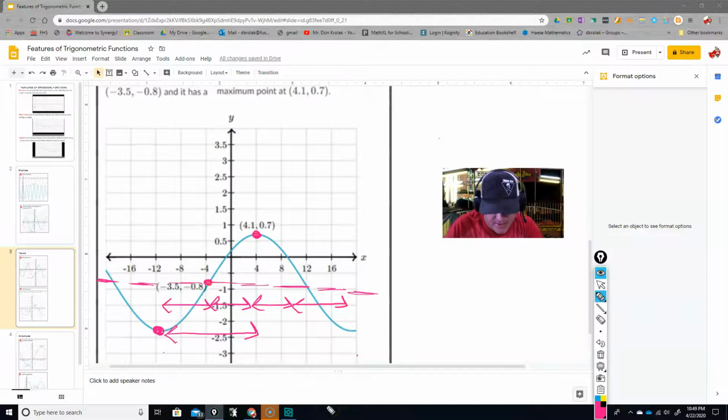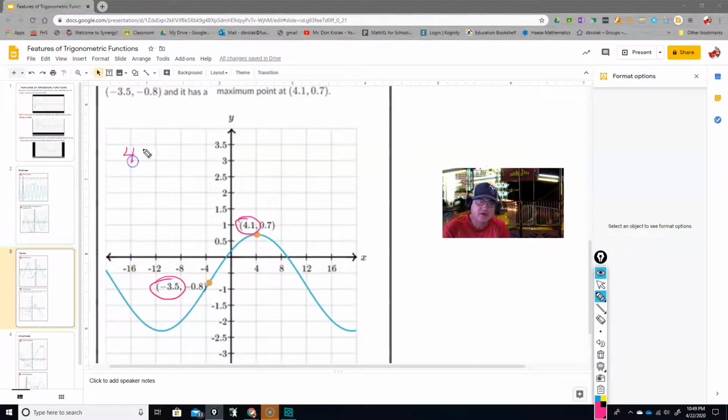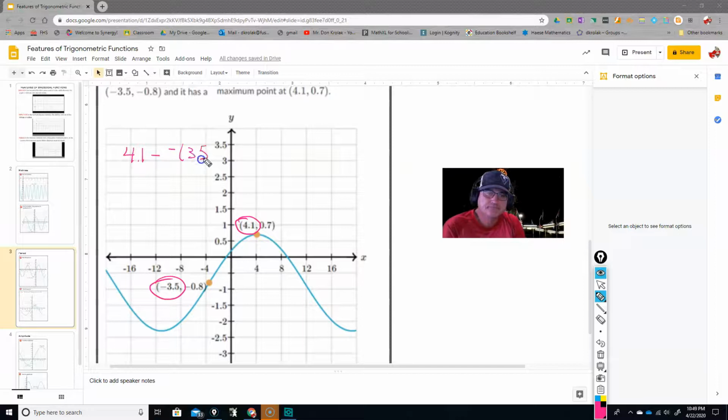All right, so let's see how that looks. Let's clean this up a little bit. I want to find the length between these two x coordinates. So to do that, we subtract. So double negative means I add. Okay, that distance is 7.6.